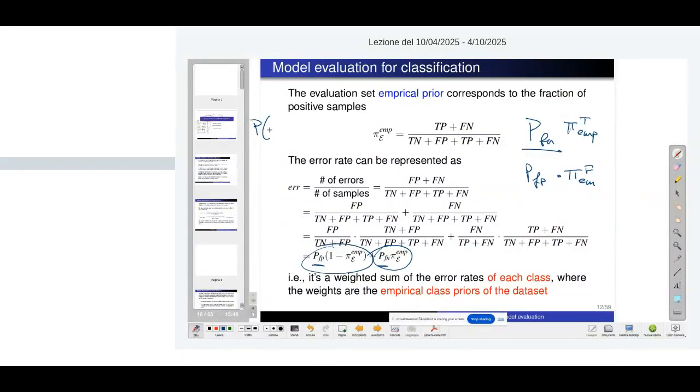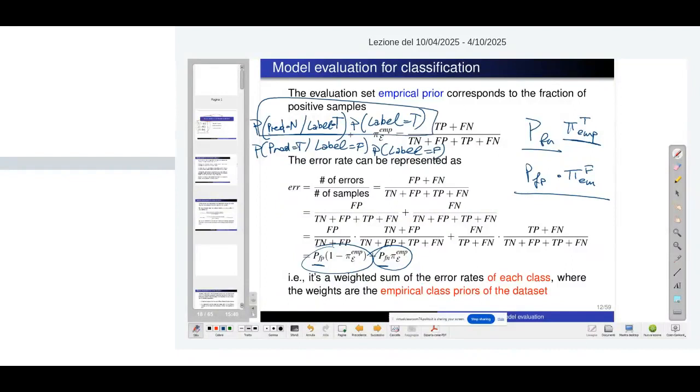The probability of false negative is the probability that I predict negative when the label is true, and then the empirical prior is the probability that the label is true. While the other is the probability that I predict true when the label is false times the prior probability that the label is false.